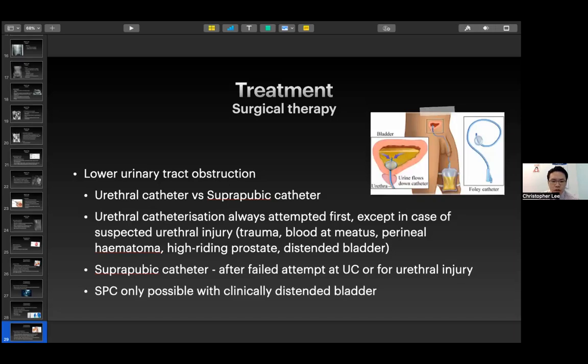Suprapubic catheter is only used after a failed attempt at urethral catheter, or if you suspect urethral injury and you'd like to avoid inserting a urethral catheter. However, inserting an SPC is only possible if you have a clinically distended bladder, which means it's palpable.